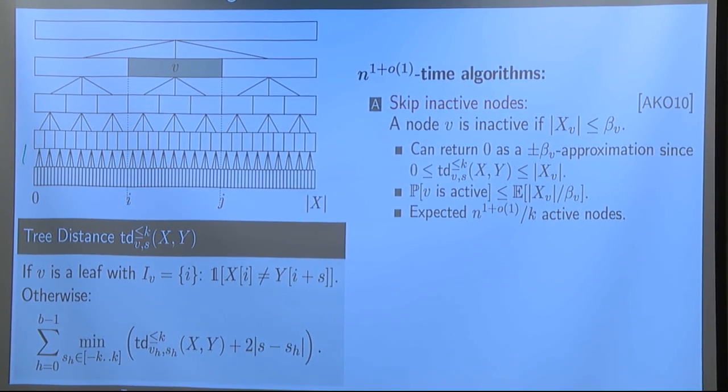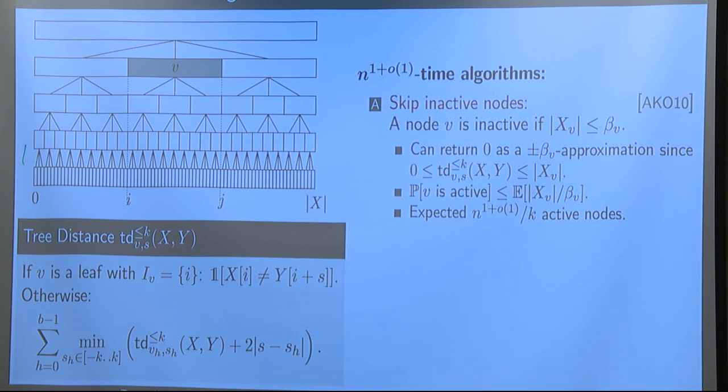So for every node, the contribution to the total number of active nodes is the length divided by k. The total length of these nodes is n times the height, which is negligible, some logarithmic factor. So in total, we have roughly n over k active nodes for which we need to do something. And that's already enough to get a static algorithm.